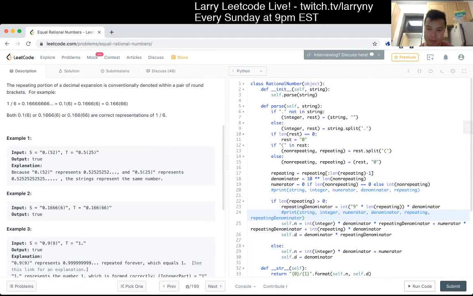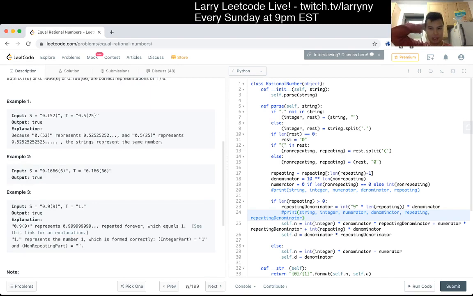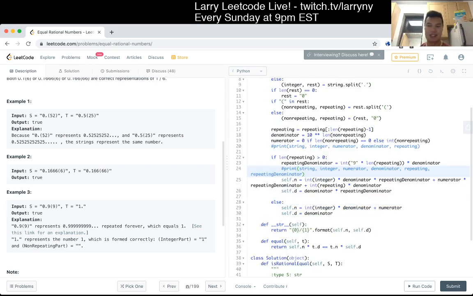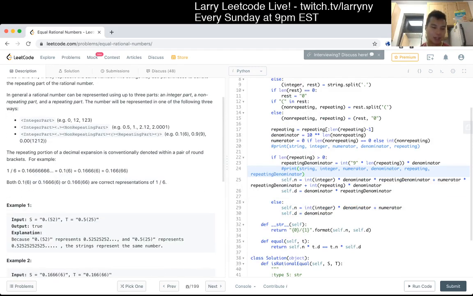But converting the repeating number to a fraction, I vaguely remember it's over 99 or some equivalent of the fractional parts. Once you convert that, then you have a couple of fractions to sum to each other, and then that's it. That's the way I would think about it, because I have 3 parts that are each fractions.